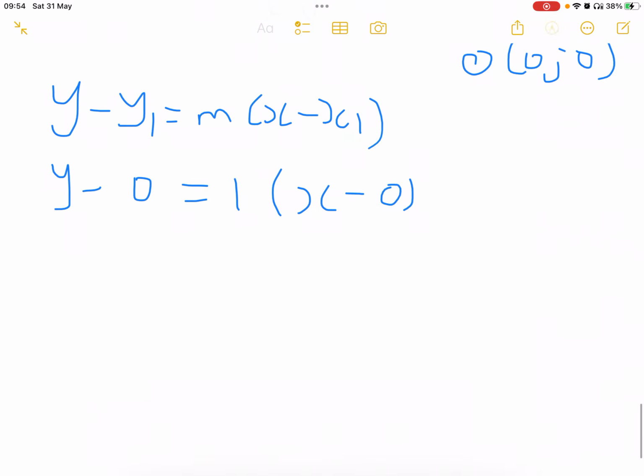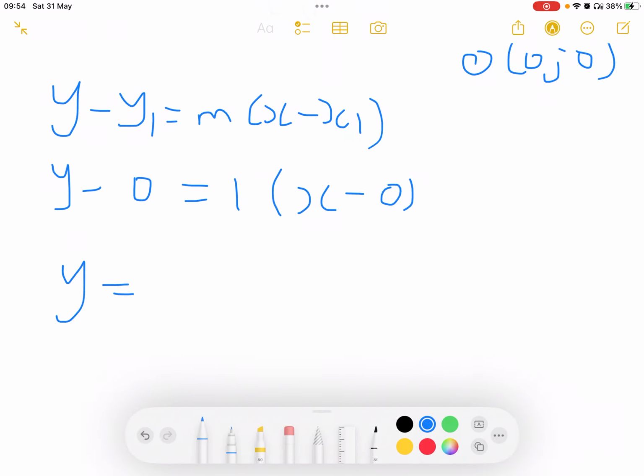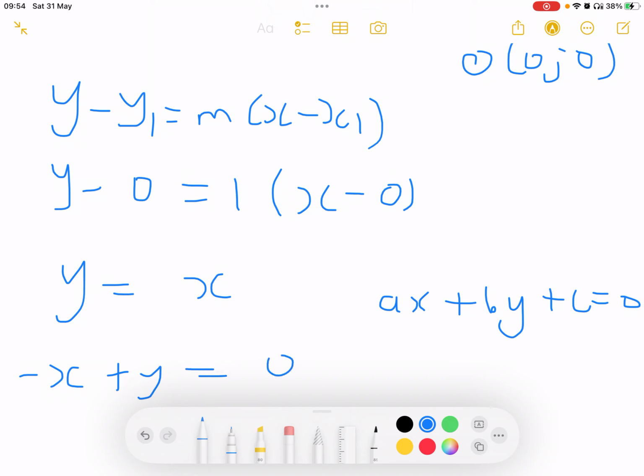Then this gives us y is equal to x. Now they wanted the equation in the format ax plus by plus c equals to 0, which means we shift everything to the left. So this becomes minus x plus y equals to 0.